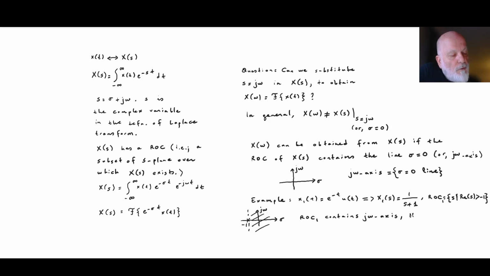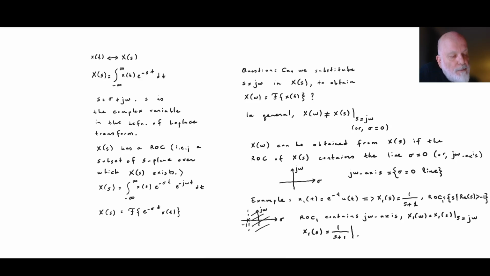So X1 of omega can be obtained from X1 of s by substituting s equal to j omega. X1 of s is equal to 1 over s plus 1.